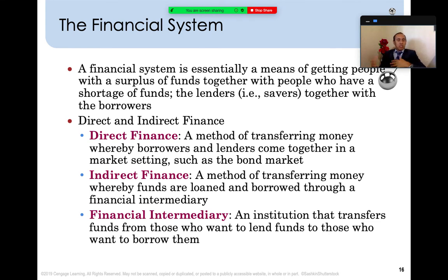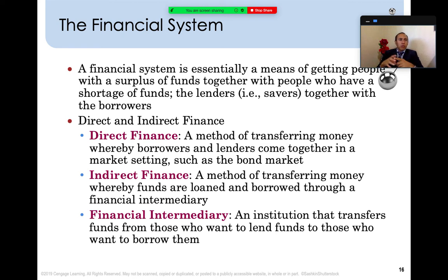If people want to save in the bank or deposit into the bank, the bank can keep those funds or can do direct finance, financing other projects with those funds, and you have the faith that your funds will be there in modern day banking. Direct finance is a method of transferring money where the borrowers and lenders come together in a market setting such as the bond market.